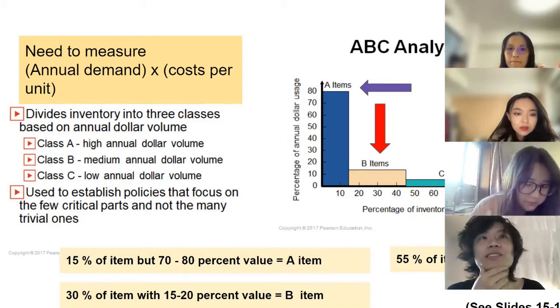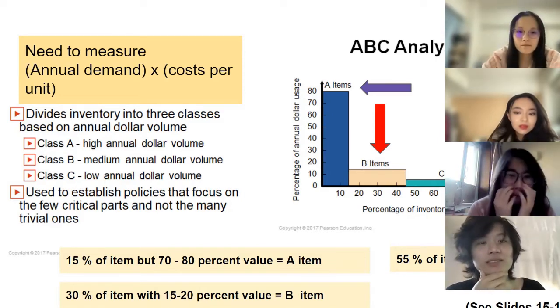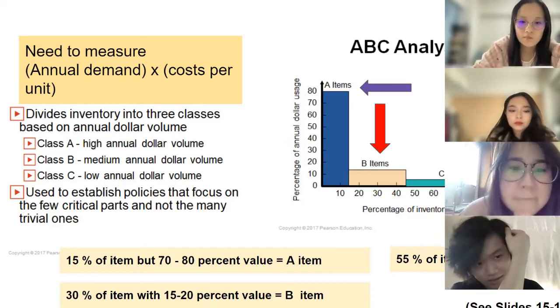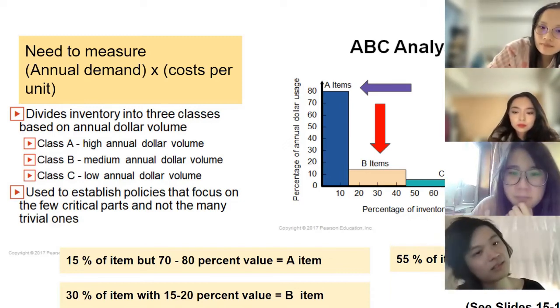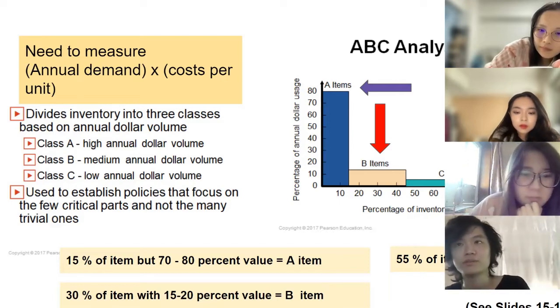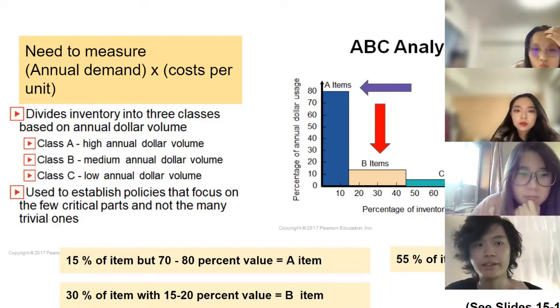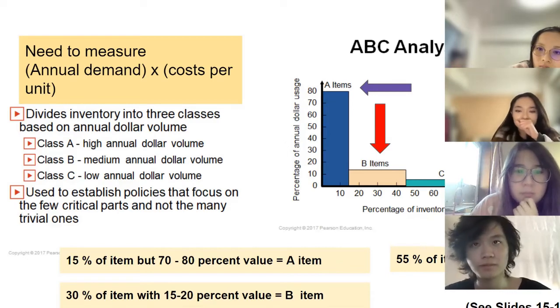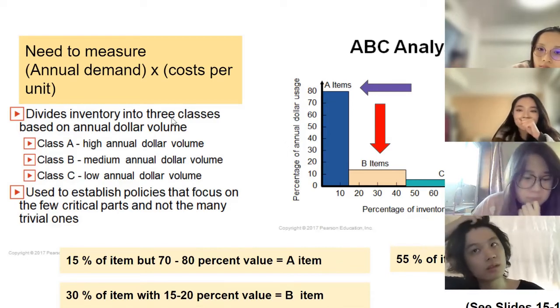You will see this when I show you the numbers after this. If you see the next slide, you can see the numbers and you can start realizing that yes, it is A. You're all right. The value is because it represents 80% of the value.